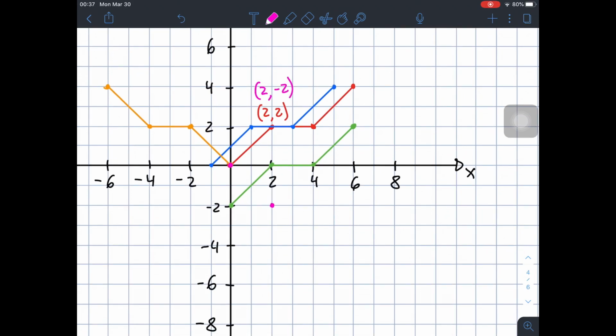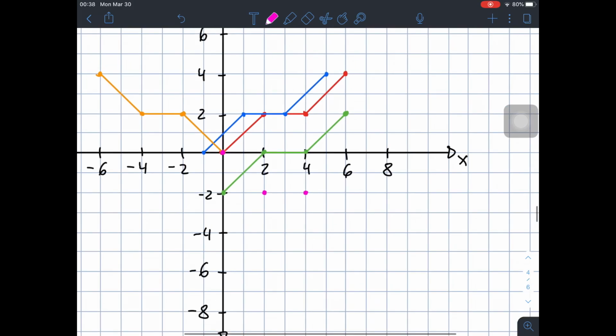So this point would be here. And then we do the same thing for all of the other points of the graph. This point over here, remember it's 4, 2. So the reflection would be 4, negative 2. 4, negative 2 is here. And finally, this point is 6, 4. So this would be 6 and negative 4 over here.